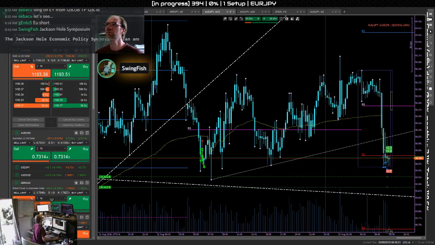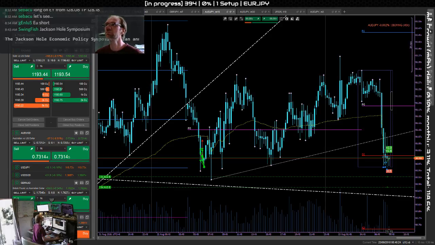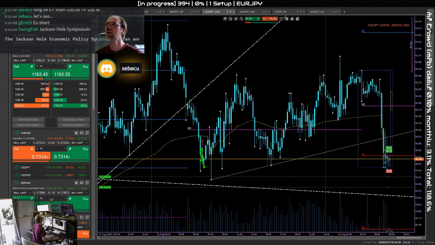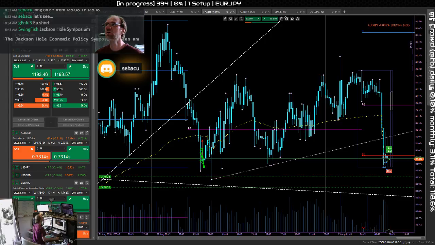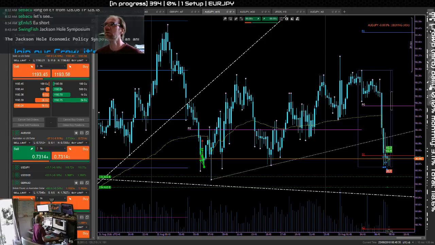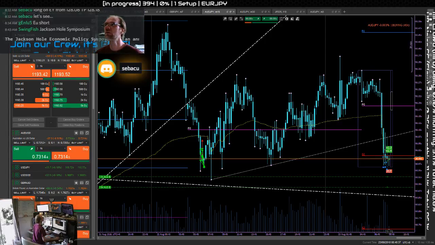Fighting the wave up now. If it goes below 12800, definitely it's a short. But the next support is weak.